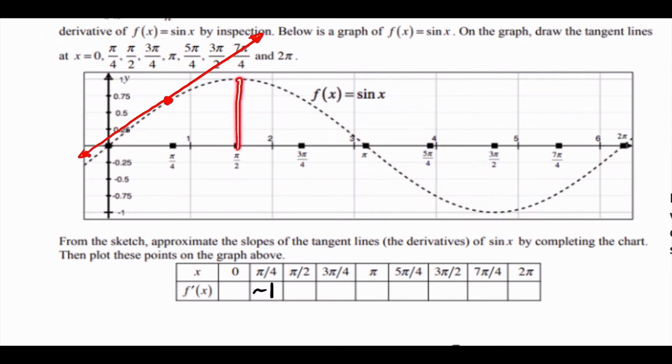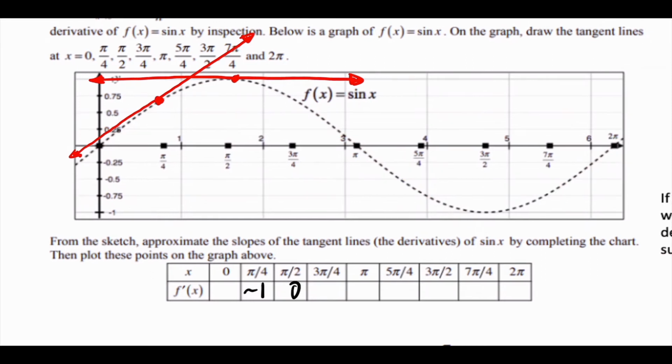At pi over 2, it's like the peak, right? It's like a maximum. The derivative at every maximum is going to look like that. That's 0 slope, right? So at pi over 2, it's going to have a slope of 0.